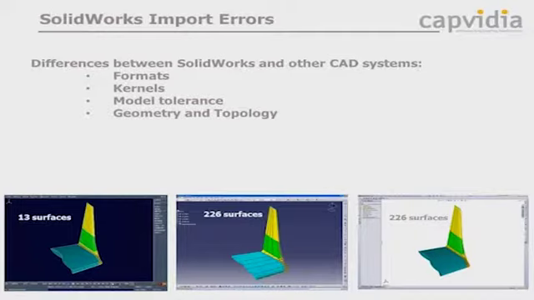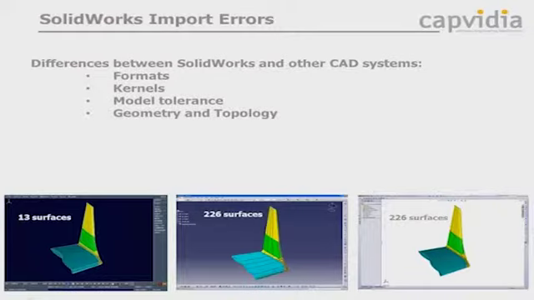But first, it's important to understand why these errors occur. There are many differences between SolidWorks and other CAD systems. There are data formats. You have the neutral file formats, IGES, STEP, or you have native file formats, CATIA, Unigraphics, ProE, and others.